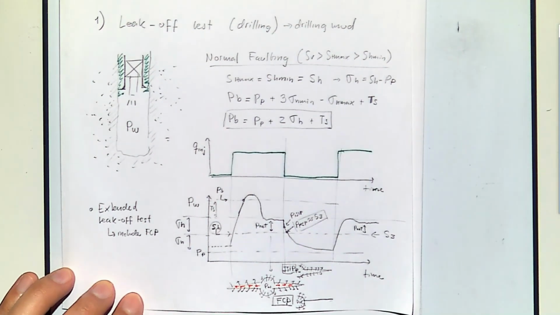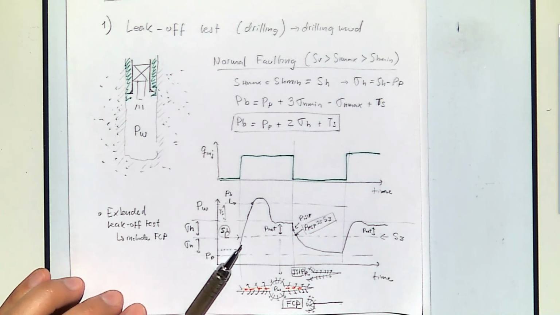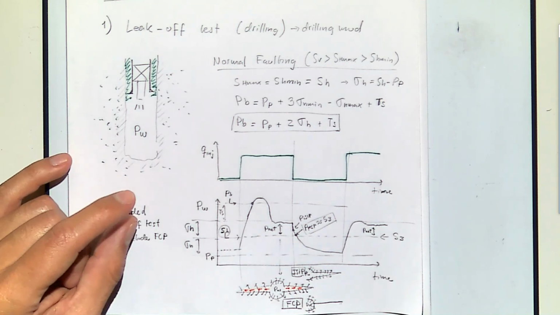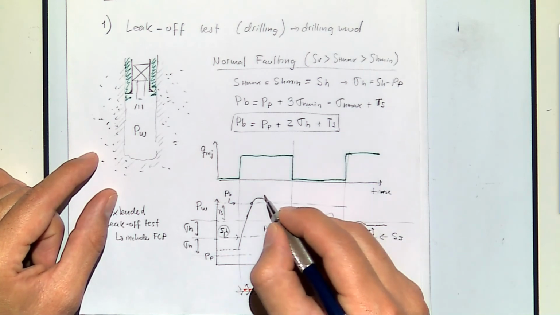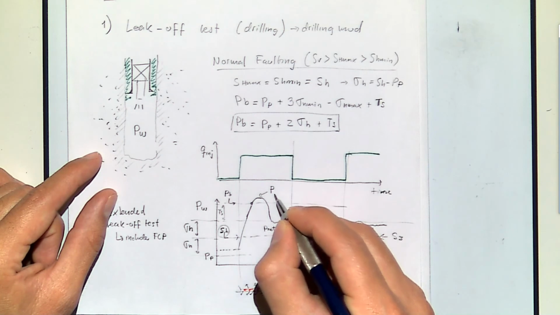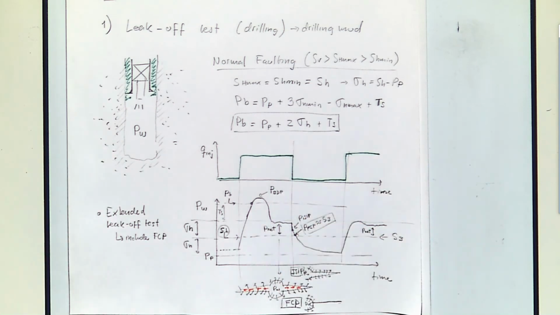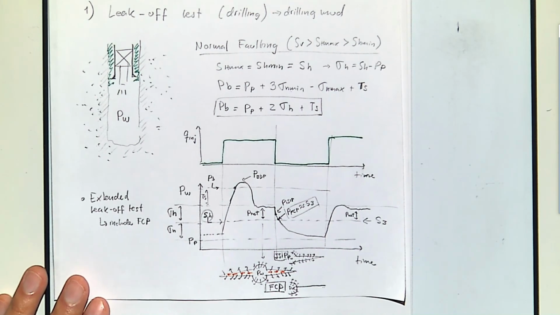Basically, this is a leak-off test, and that would be an ideal leak-off test. The important things that you remember from here are fracture closure pressure, shut-in pressure, and this pressure, which is the breakdown pressure, which will be the maximum pressure that you attain in the wellbore.